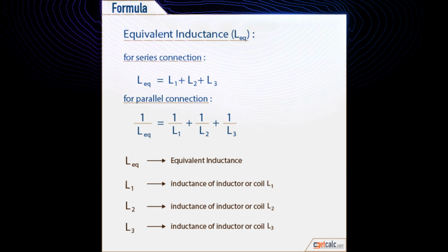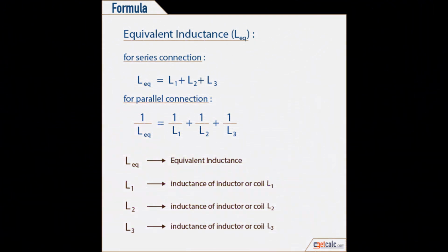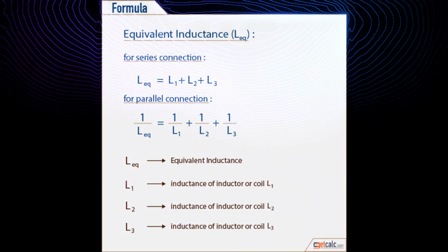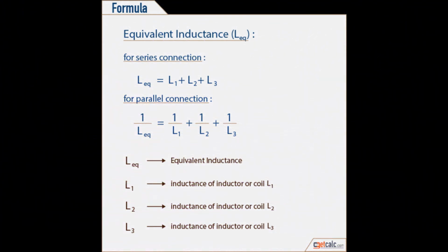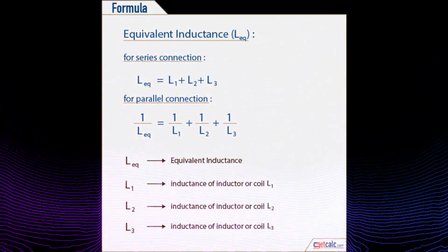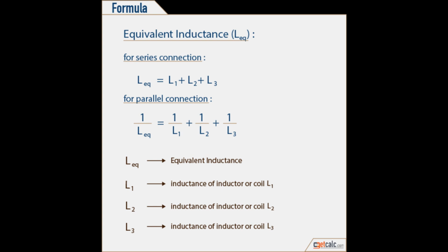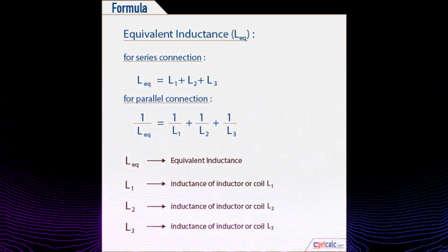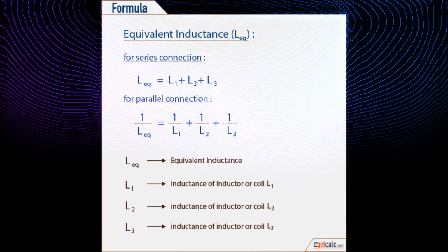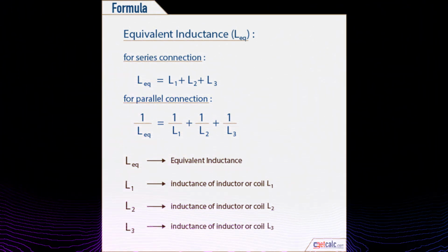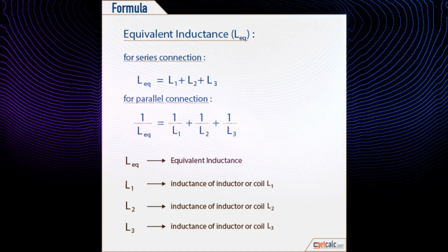The total current limiting effect is called impedance and is symbolized by the letter Z. The impedance of the circuit is represented by the hypotenuse of the right triangle formed by the inductive reactance and the resistance.